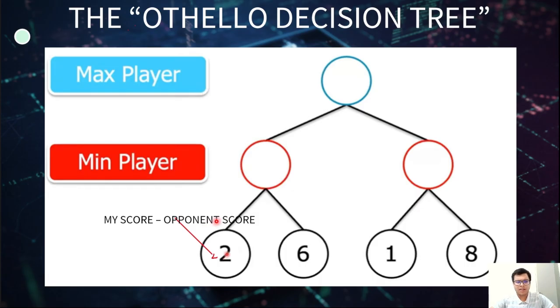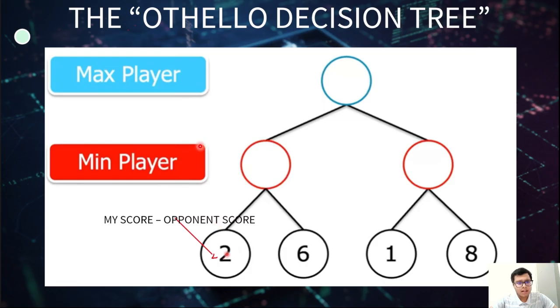So we are defining something like score. Score is basically my score. The value of a node is my score minus opponent score. Now you might wonder what this score is. We will see how we calculate the score from the position of a board by applying heuristics and other things. So need not worry about this for now. Just think of it as the value of a particular node.